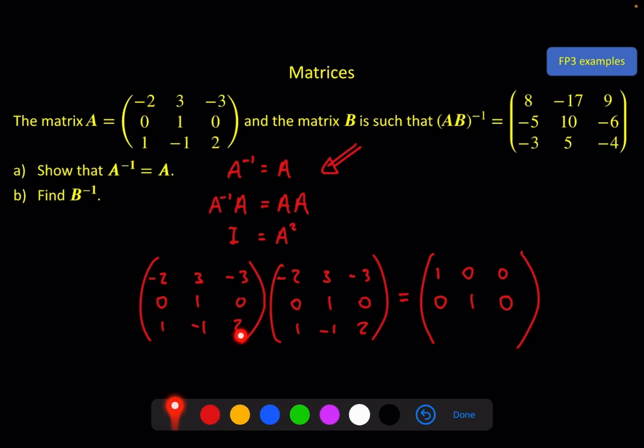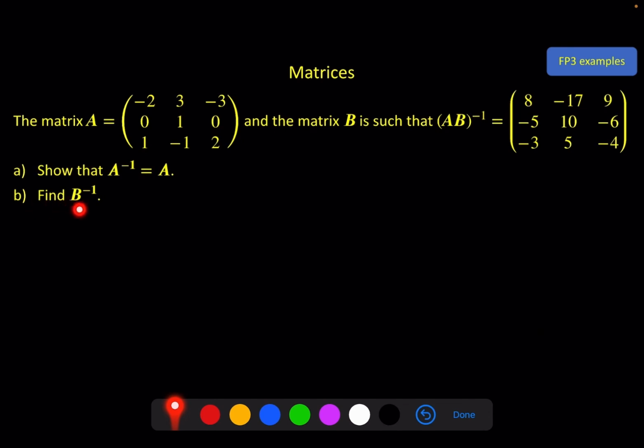Final row, first column, we get minus 2, 0, plus 2. 3, minus 1, minus 2. And minus 3 plus 4 gives me a 1. So yes, this is true, which means this is true, which means this must be true. So without going through the long inverse matrix process, we have done part A.